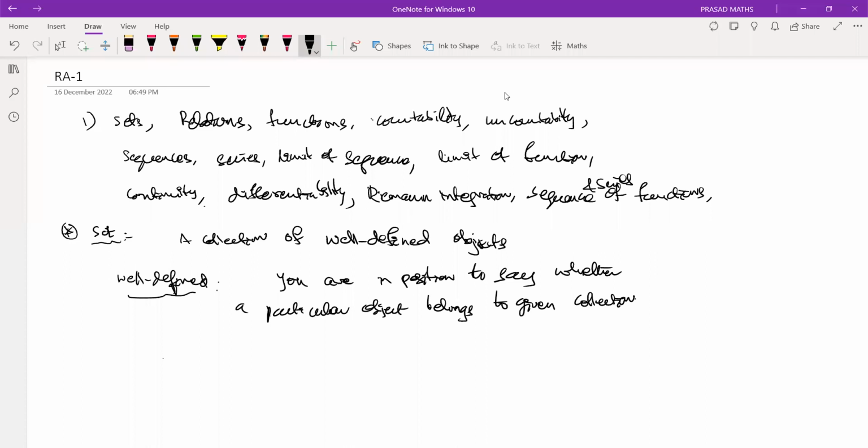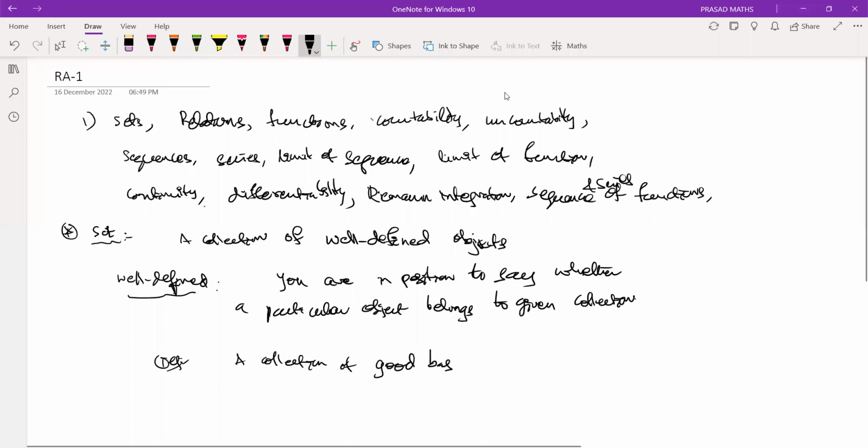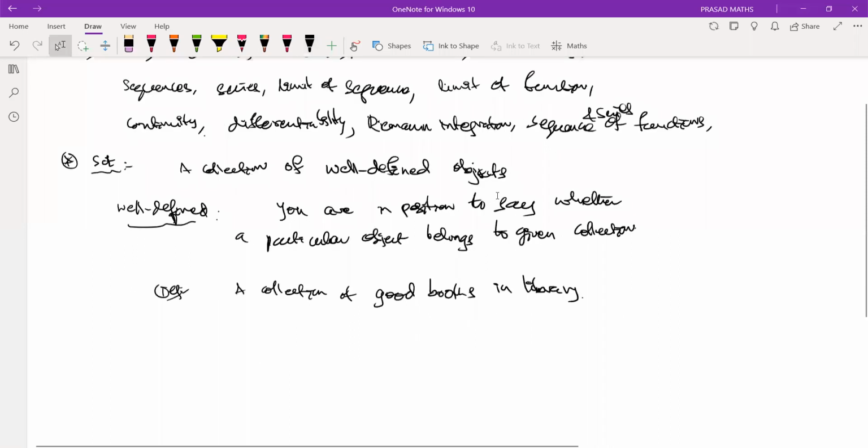Suppose we take an example, a collection of good batsmen or good books in a library. Is it a well-defined collection? No. Right?